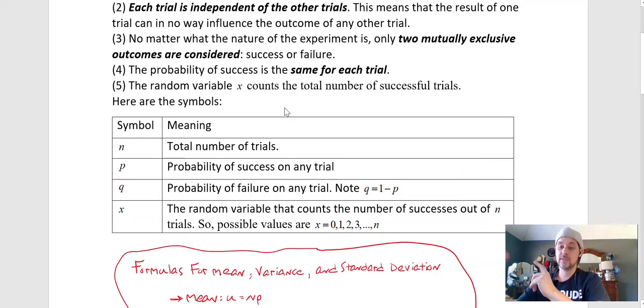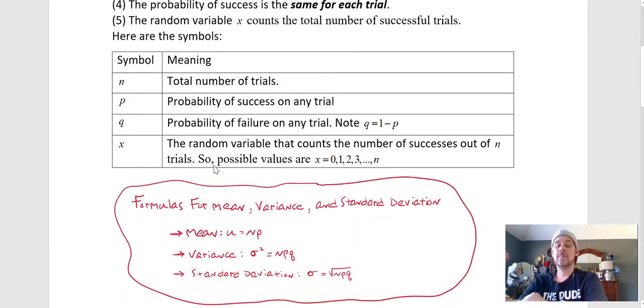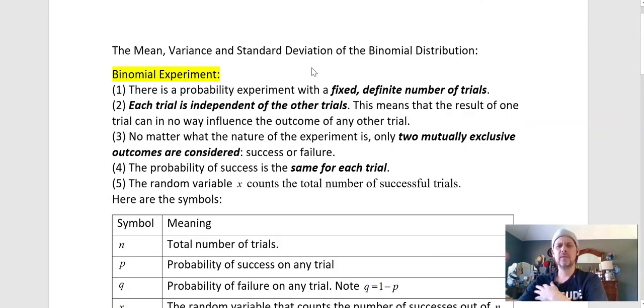Now, one thing we haven't talked about yet is the mean, the variance, and the standard deviation. And they are just calculated by formulas like so many other things in math. So the mean first is n times p. N is the number of trials in the binomial experiment. Remember, a binomial experiment can't be open-ended.